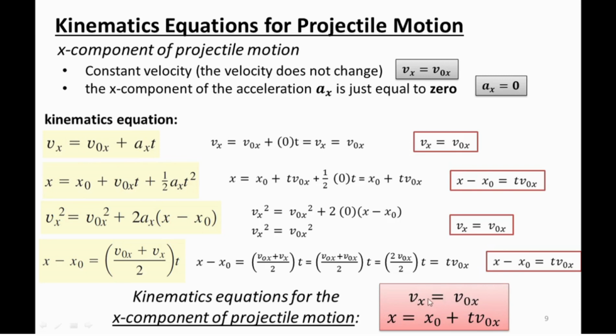And second, the final position along the x-axis is equal to the initial position along the x-axis plus the initial horizontal velocity times the time.